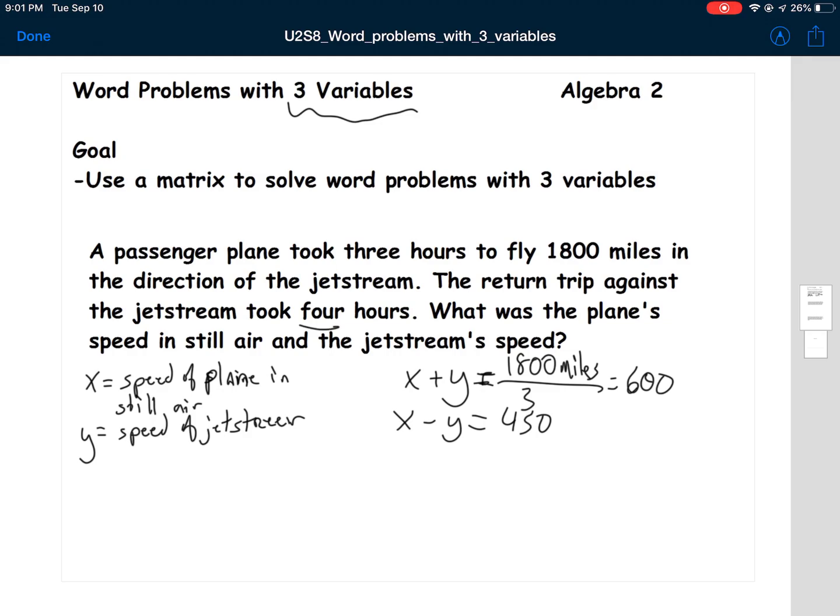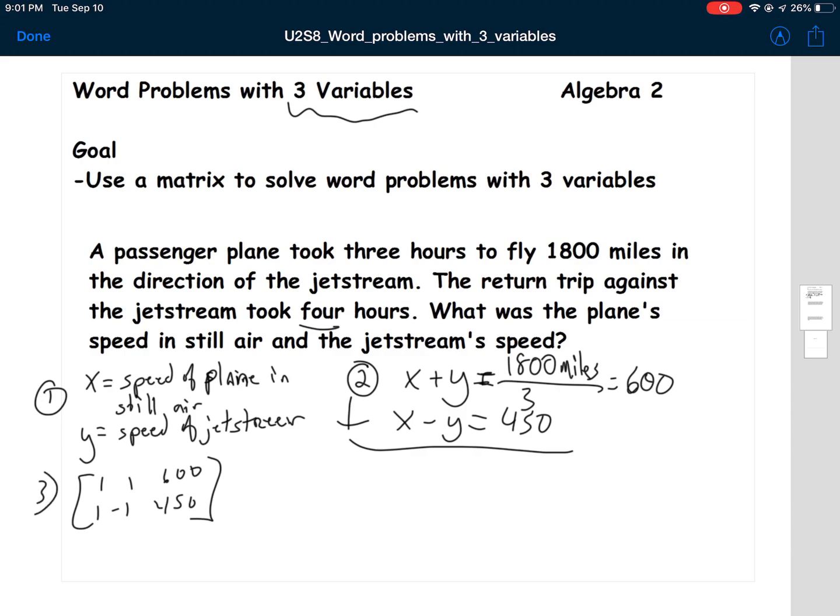Now before we would have just added them together. Done a little elimination, but I'm going to try doing this one by a matrix. So there's my augmented matrix. And when it comes to work of these, I want you to show me the variables, come up with your equations. Here's the matrix that you're going to come up with going in.